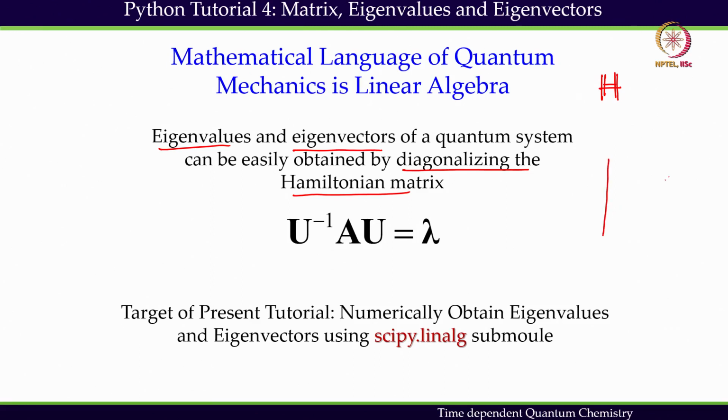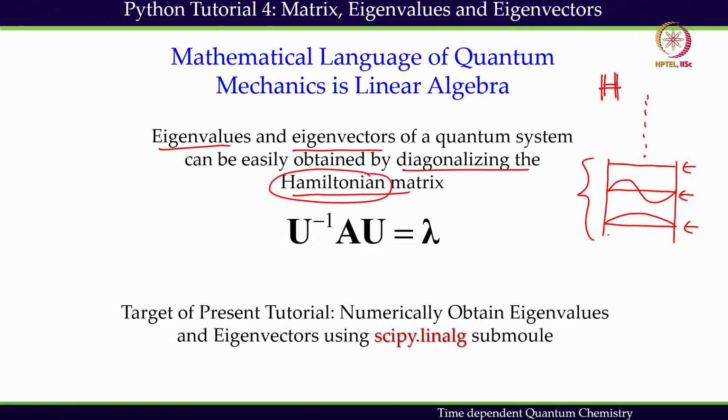So, if it is a one dimensional box problem, then this is the ground state, then the excited states, and then all the states can be explored, and each state corresponds to an eigenvector and eigenvalue of the particular Hamiltonian representing the quantum system. So, we get the entire spectrum, or the stationary states of the quantum system. That is why the diagonalization process is very important in quantum mechanics.